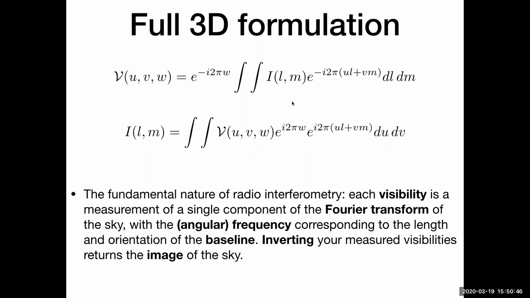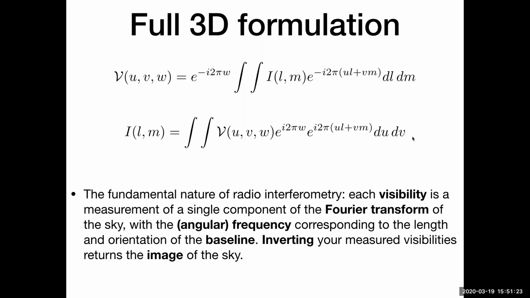And because every Fourier transform should have an inverse operation, we can turn this around and say that we can get the sky, the distribution of brightness, as the inverse Fourier transform of the visibilities, just by integrating over the space of possible baselines. Remember that U and V are baseline length and orientation in our coordinate system.